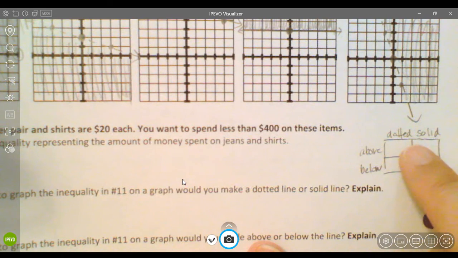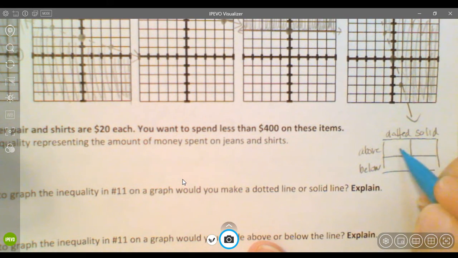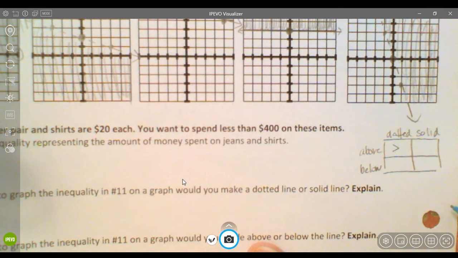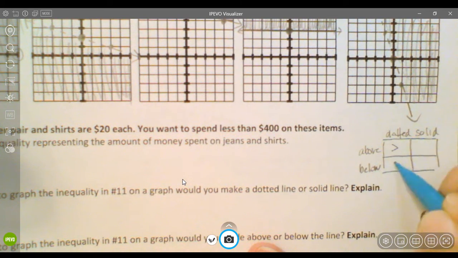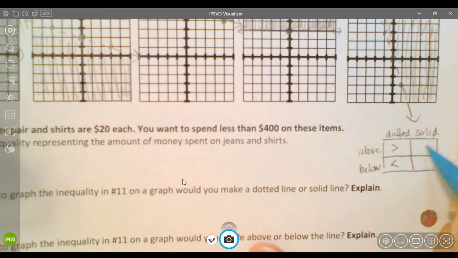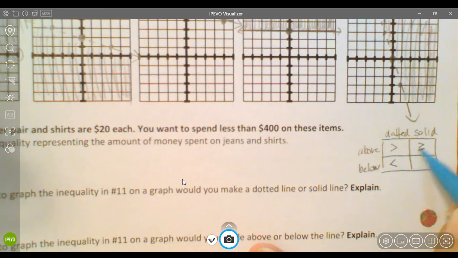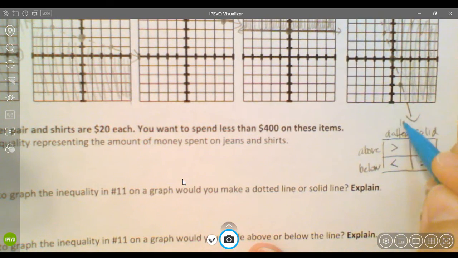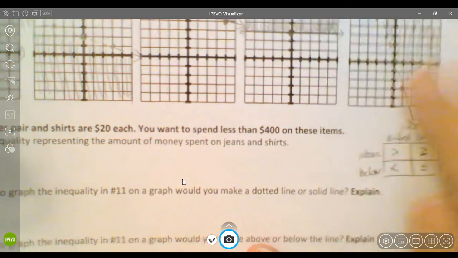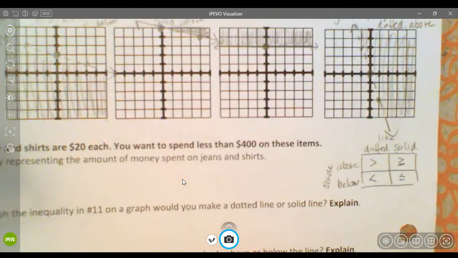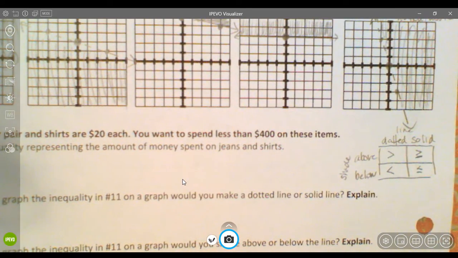So when you shade above a dotted line, that is strictly greater than. When you shade below a dotted line, you are strictly less than. When you shade above a solid line, that's your greater than or equal to. When you shade below a solid line, that's less than or equal to. So this is your line, and this is your shade. I'll have to find a way to pretty that up somewhere. Okay.